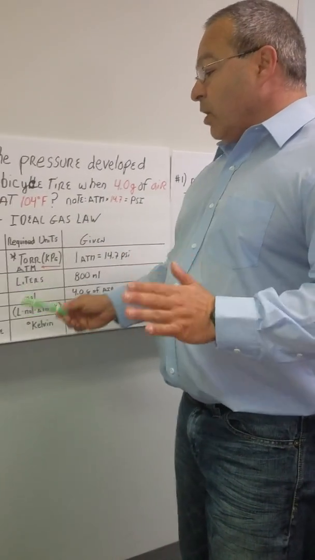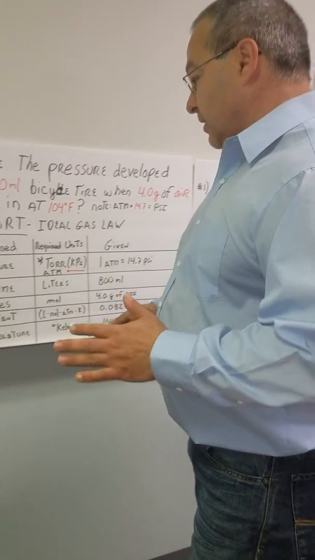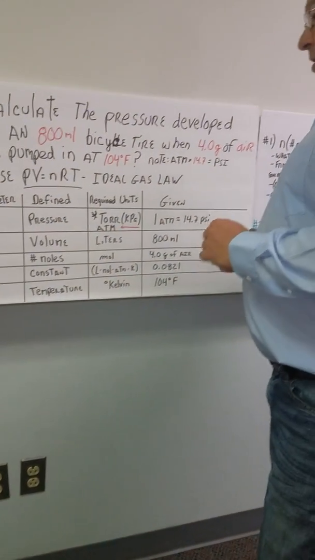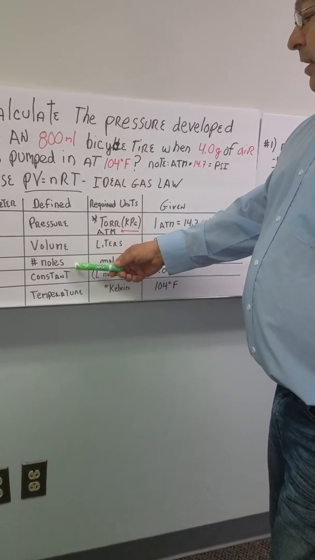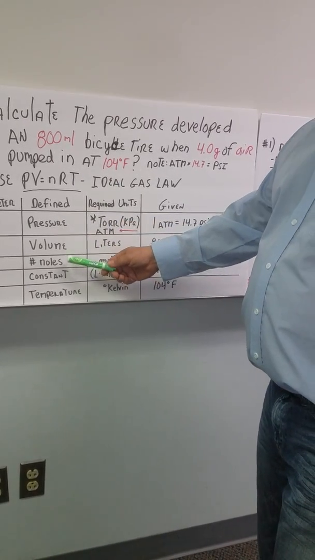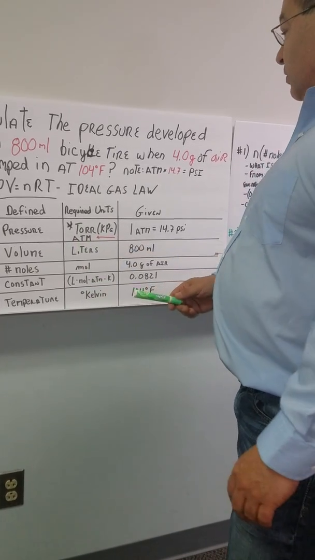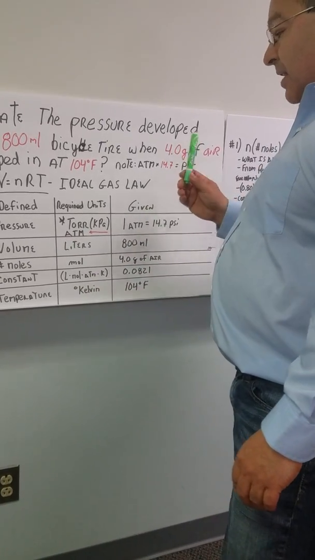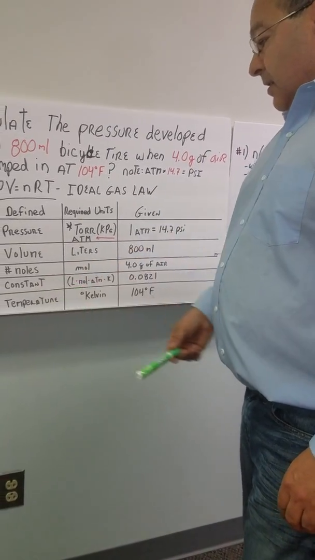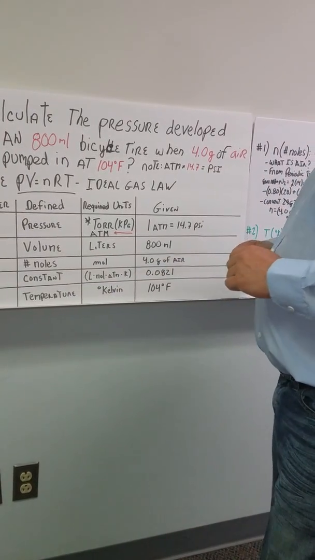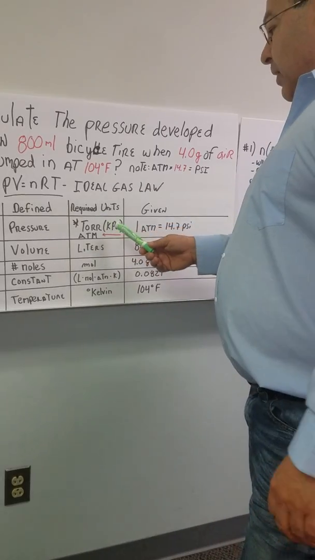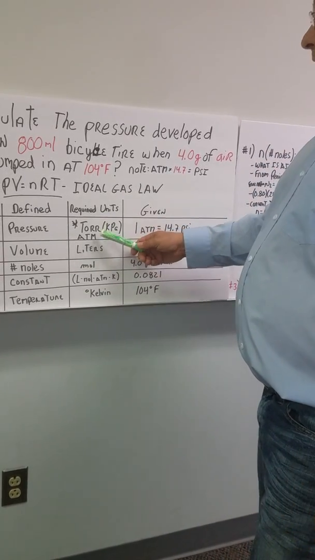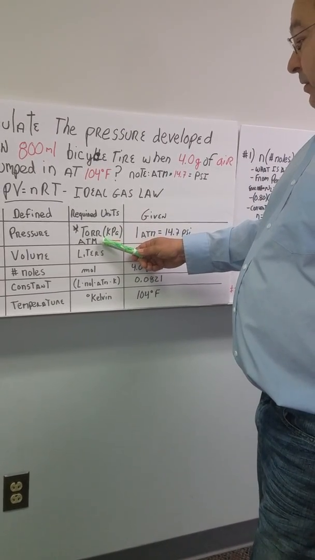We're just going to use the one we're going to use, and I'll tell you about that in a little bit. So once again, P equals pressure, V equals volume, n is the quantity, which in chemistry terms will be number of moles. We'll figure out number of moles based on the quantity of mass that we're given, the constant, and the temperature. The required unit for pressure, which is what we're going to find, is atmospheres to begin with.